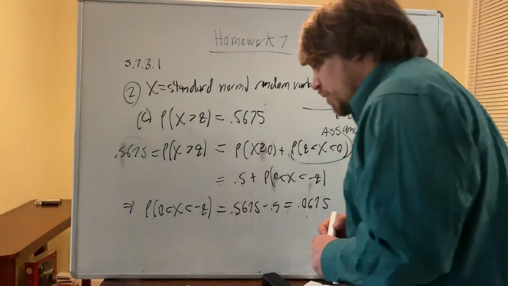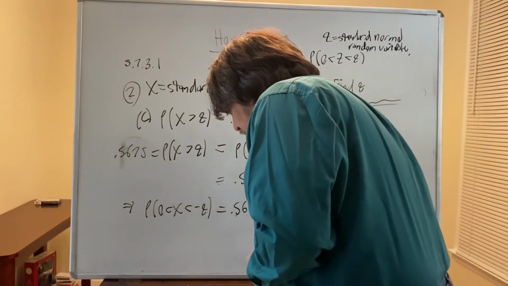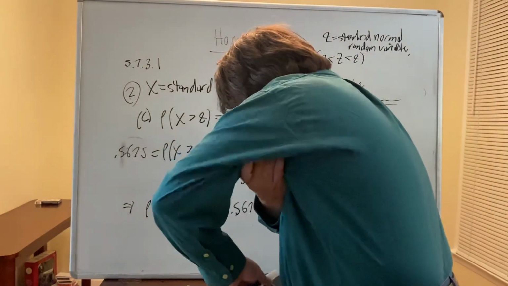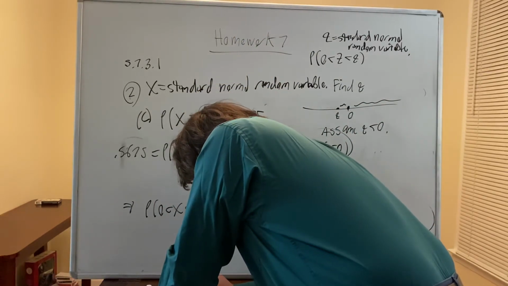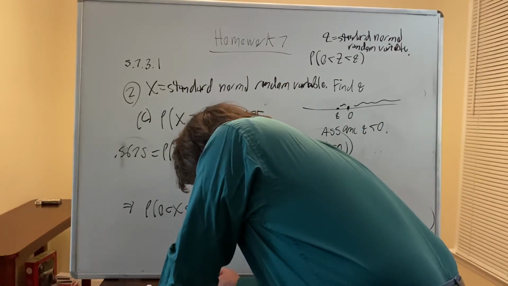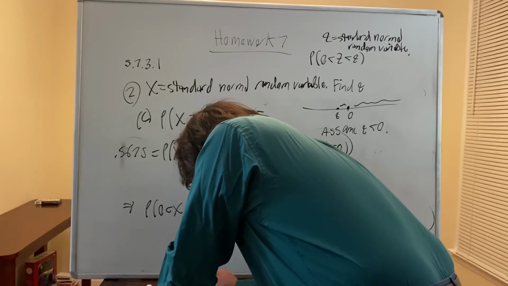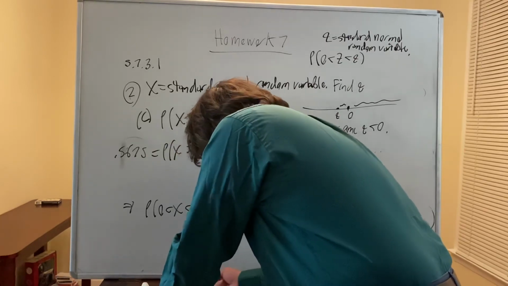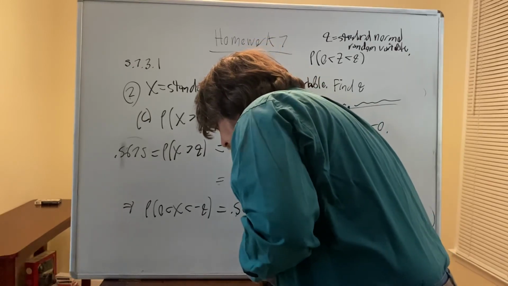So you find in the table where you get 0.0675. And so what you see is 0.068. And so that's the one we're going to use. That's the closest one. So you get 0.068.